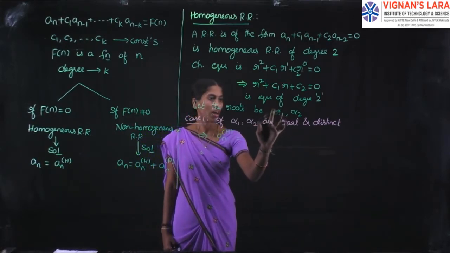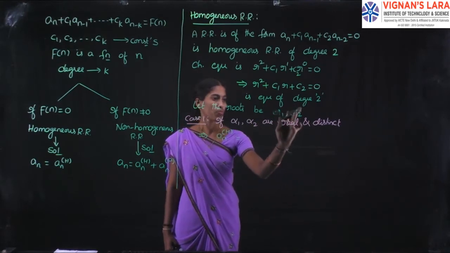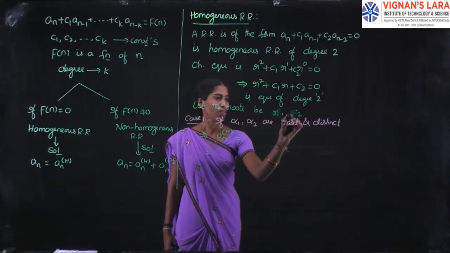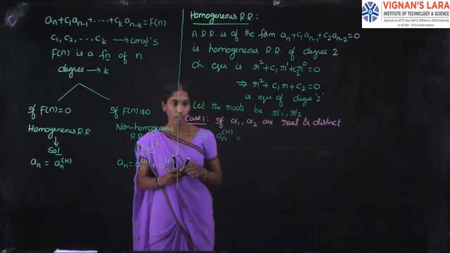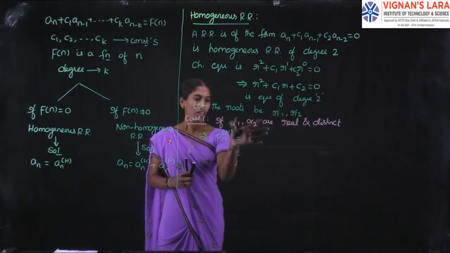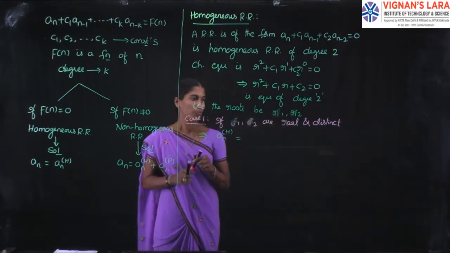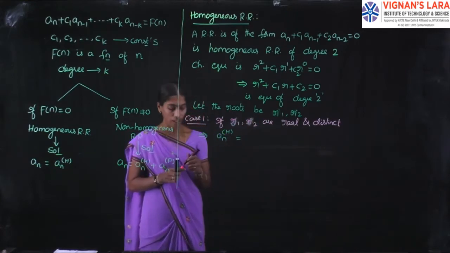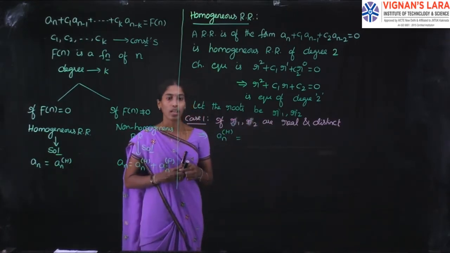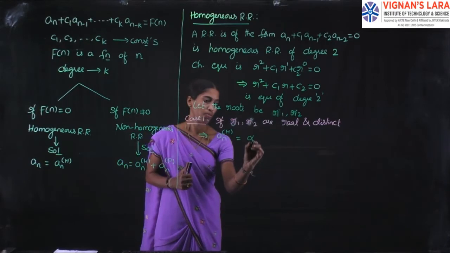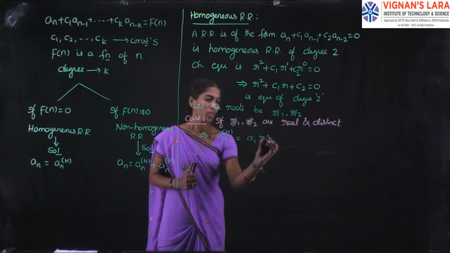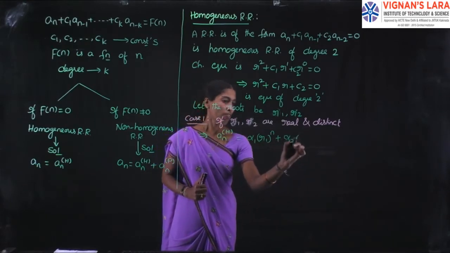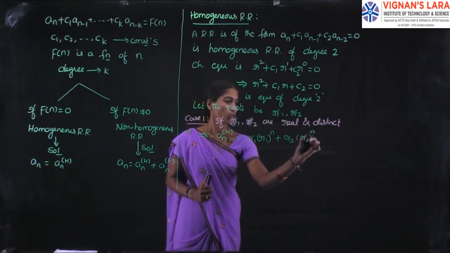Instead of taking alpha 1 alpha 2, as per our convenience, take the roots as r1 comma r2. If r1 and r2 are real and distinct roots, then a_n(h) is alpha 1 r1 to the power n, first root to the power n, plus alpha 2 second root r2 to the power n.